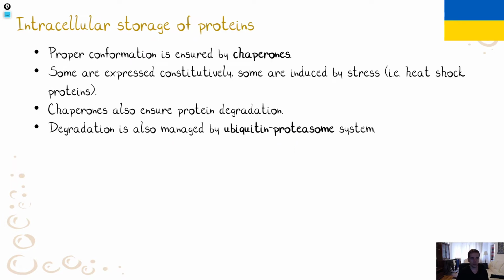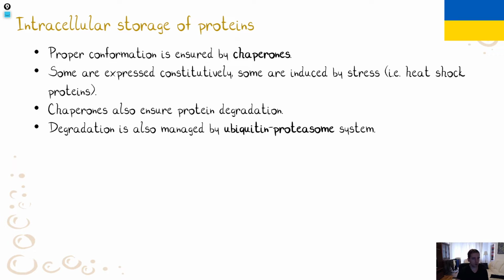Speaking generally about conformations, the proper conformation of proteins is ensured by so-called chaperones. Some of them are expressed constitutively, some of them are induced, usually by stress. A typical example are heat shock proteins induced by heat.